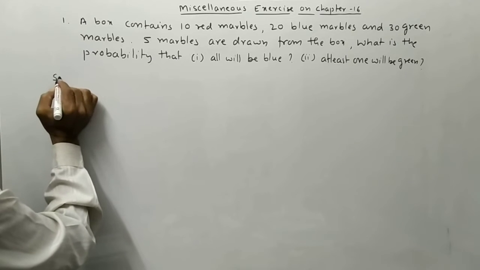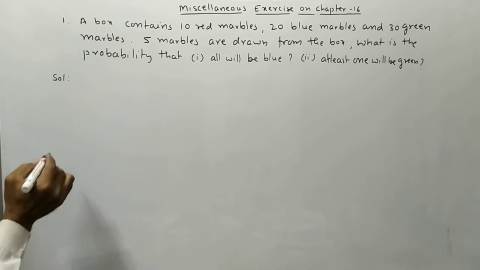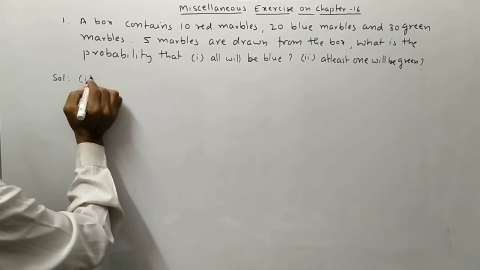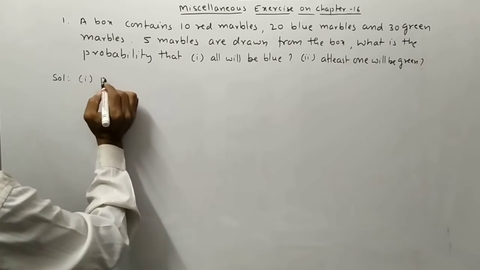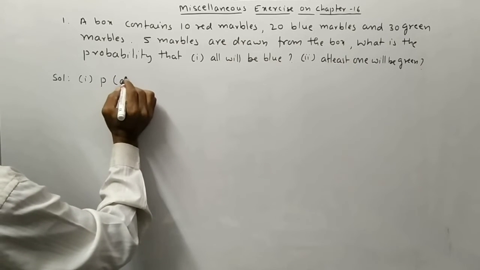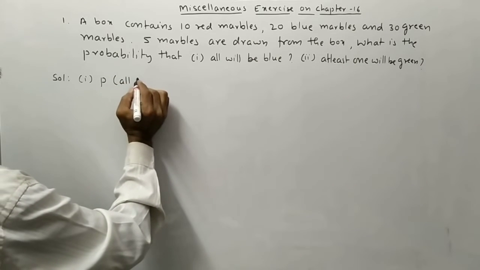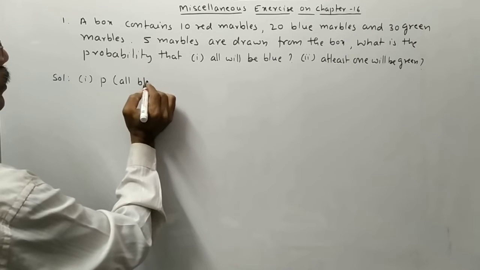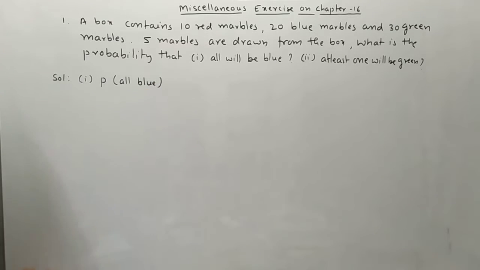Solution. Coming to first one, probability of getting all blue. How many marbles are there? 60. In that, 20 marbles are blue.